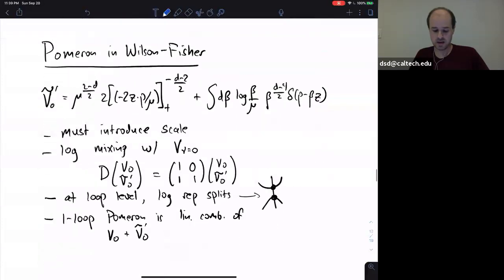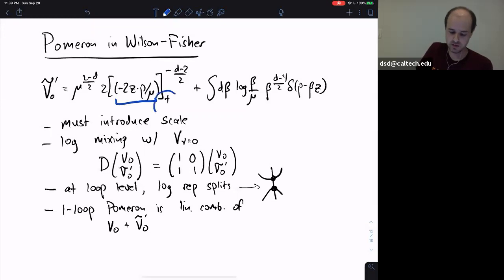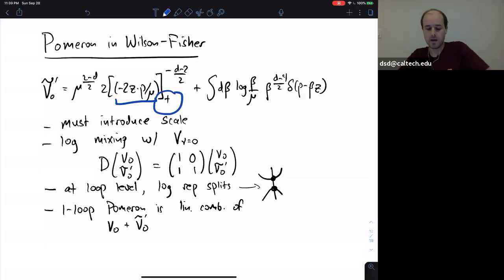So let's go back to our shadow operator that we had before. We had this thing raised to the minus d minus 2 over 2, and the way to fix it is to use this plus distribution instead. The plus distribution, as I said, is funny because it doesn't transform under scaling in the way you expect. In fact, it's not homogeneous under scaling.